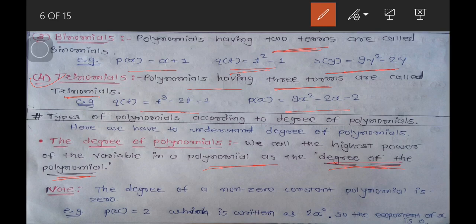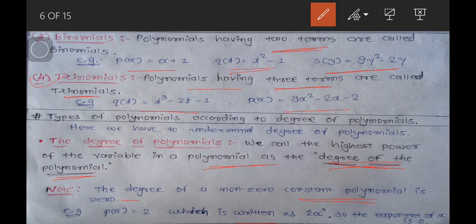Now, one thing we have to note: the degree of a non-zero constant polynomial is 0. As we have already studied, a constant polynomial, that is p of x is equal to 2, can be written as 2x raised to 0.